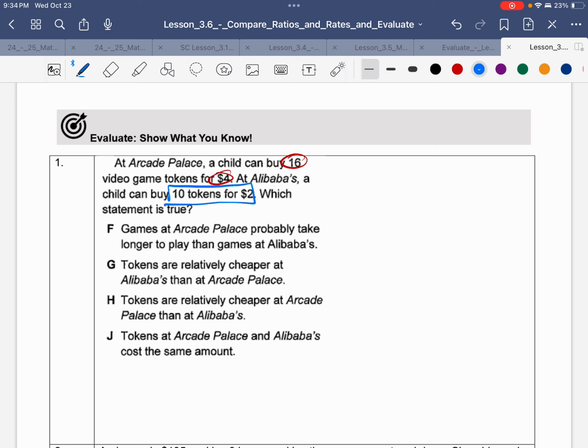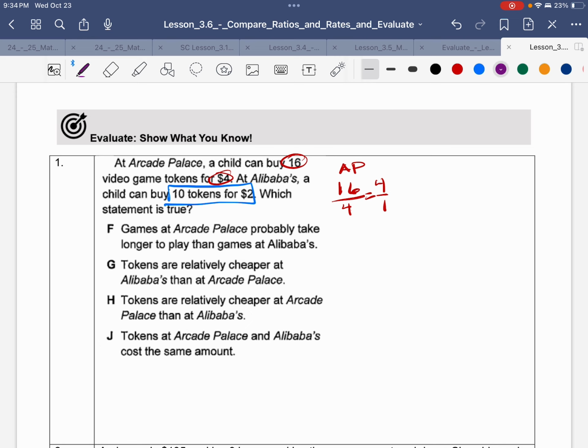So let's set it up. Arcade Place is 16 for $4. So for $1, we would get 4, because 16 divided by 4 is 4. All right.